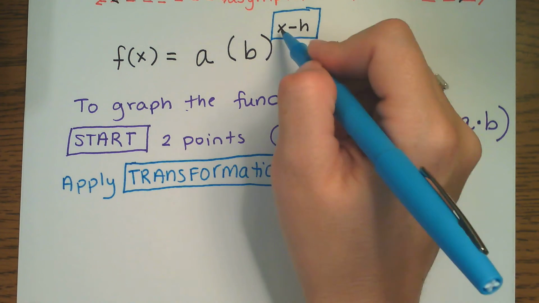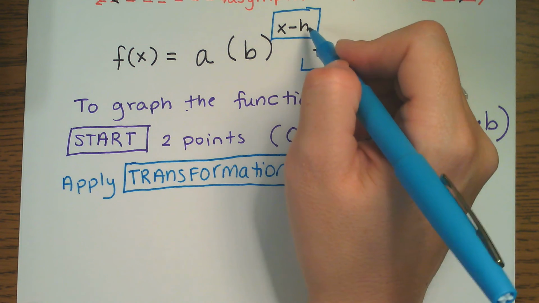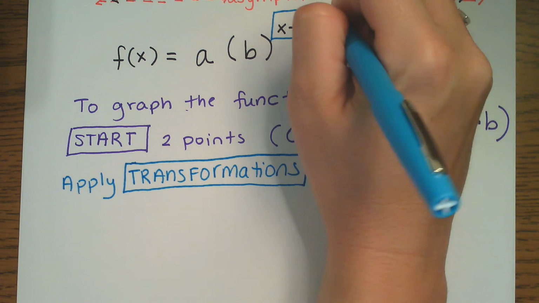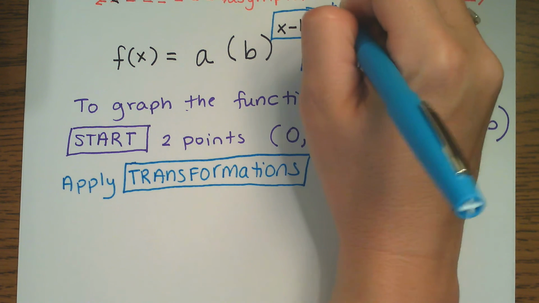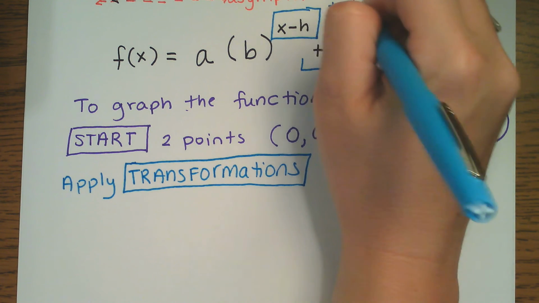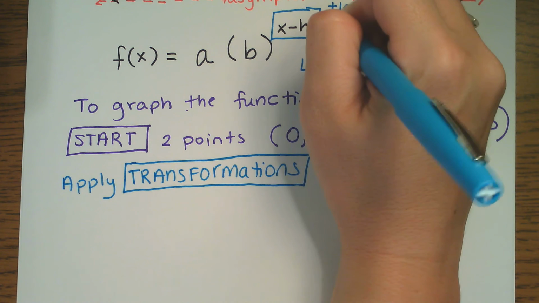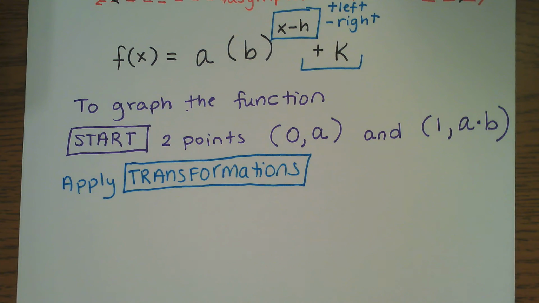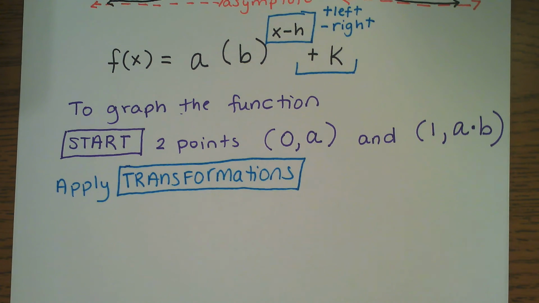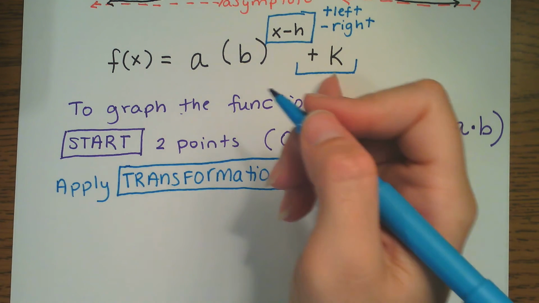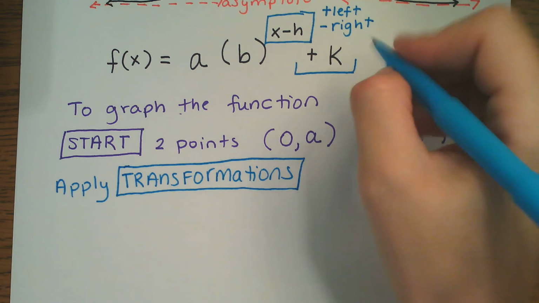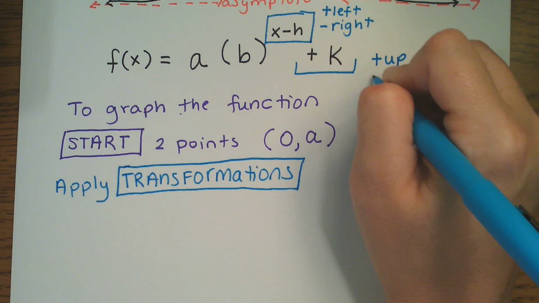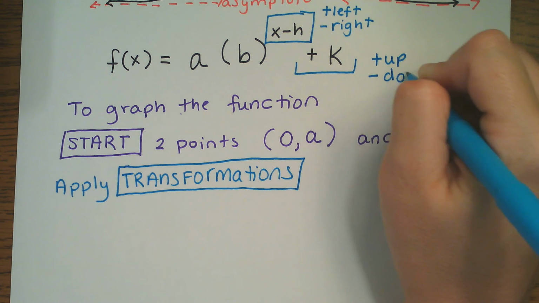Anything added or subtracted to x is the same process that we did with our square root functions. A plus is going to lead you to the left, and a minus is going to lead you to the right. If it's on the end and it's the same size as the a and the b, then that plus is going to lead you up, and the minus is going to lead you down.